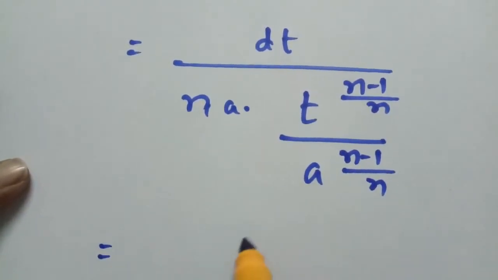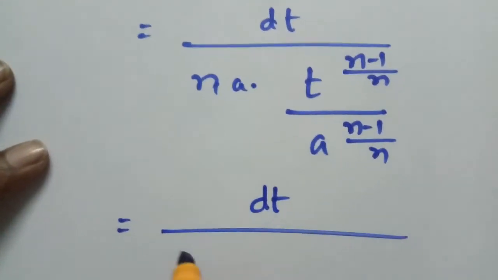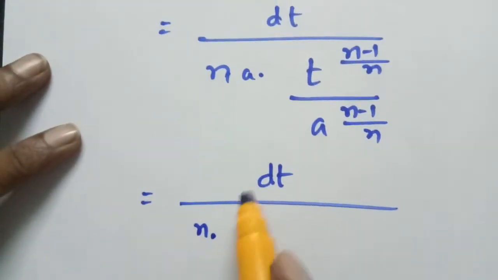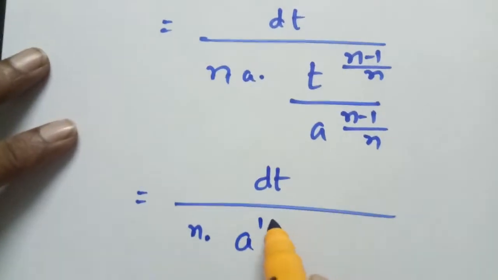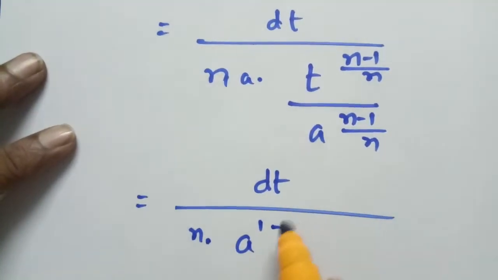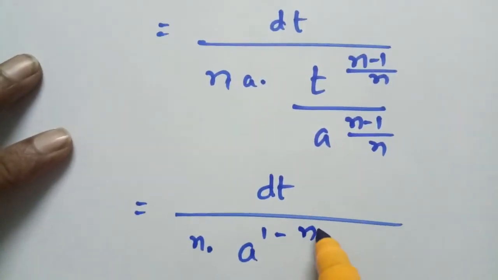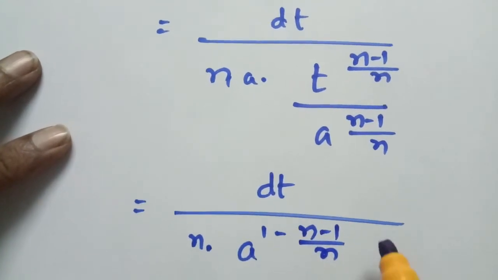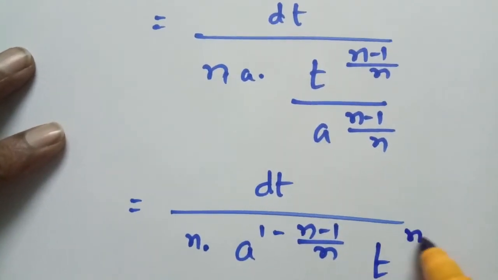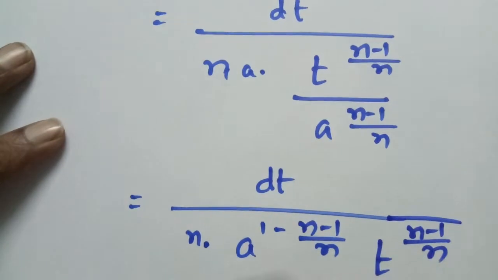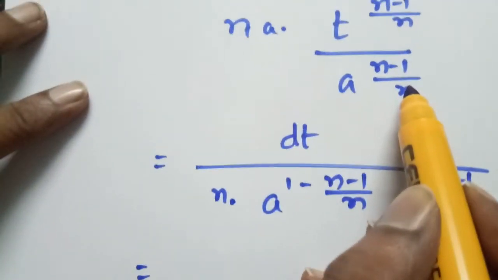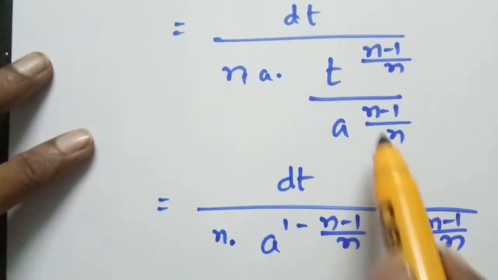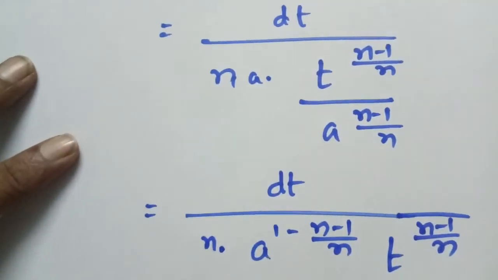Therefore, this is equal to dt by n into a to the power of 1 minus (n minus 1 by n) into t to the power of n minus 1 by n. Again, we write a to the power of n minus 1 by n in the numerator, that becomes minus of n minus 1 by n.